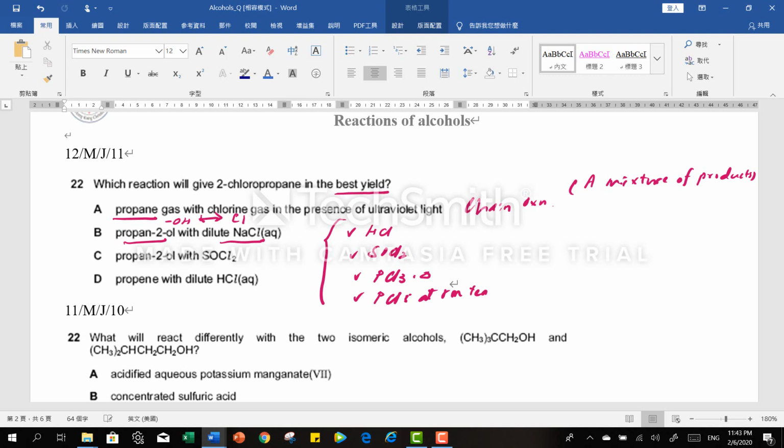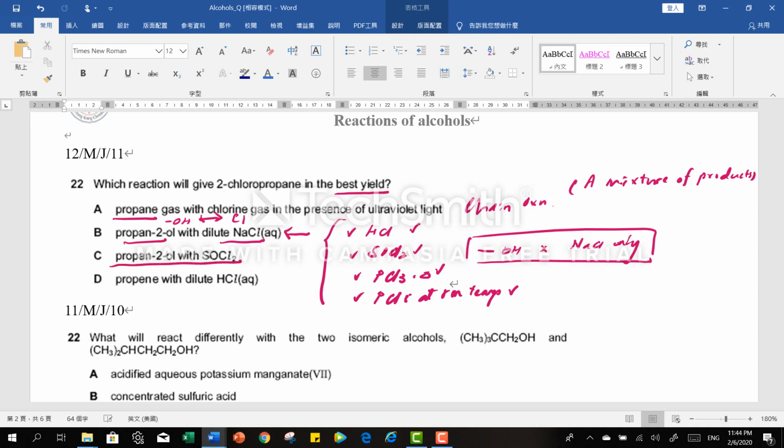But the alcohol doesn't react with NaCl only. Remember, you will see a lot of questions like that in MCQ to trap you. So only one of these will react with OH to replace the OH by Cl.